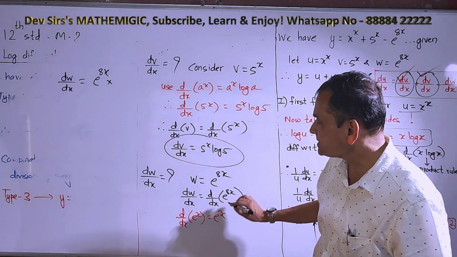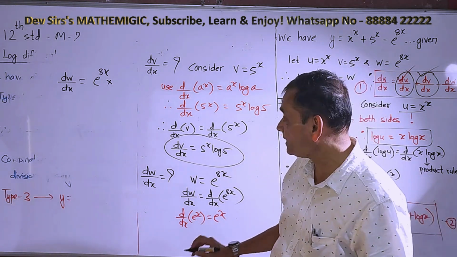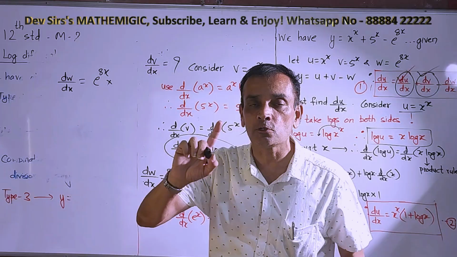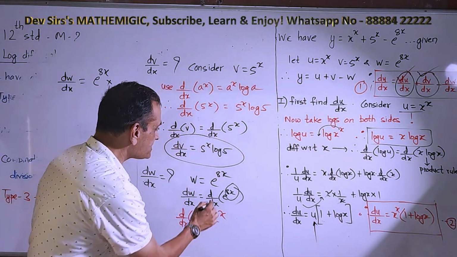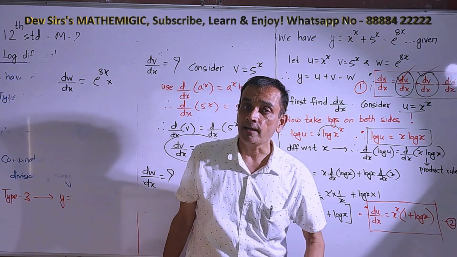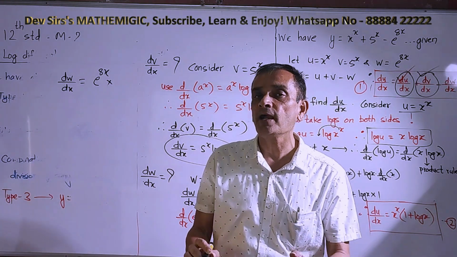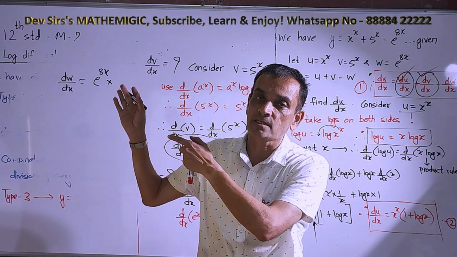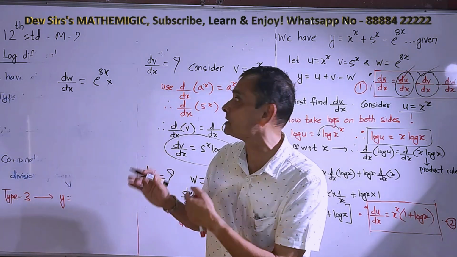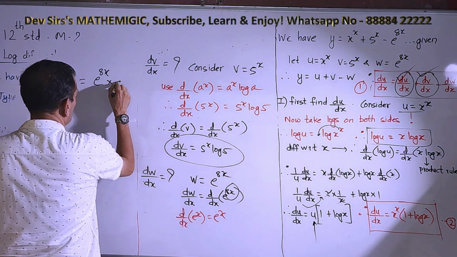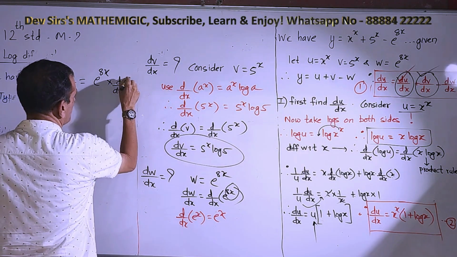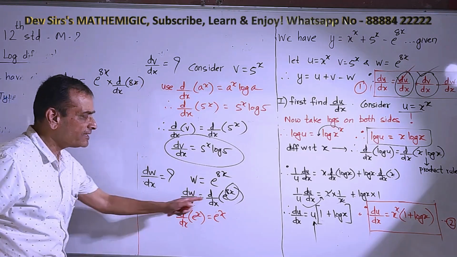Derivative of e raised to 8x is e raised to 8x, don't forget into d by dx of 8x also. x के जगह 8x है ना, तो कंपोजिट फंक्शन हो गया है. So don't forget these things.